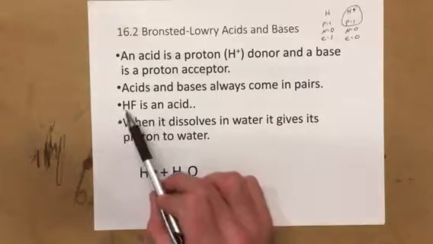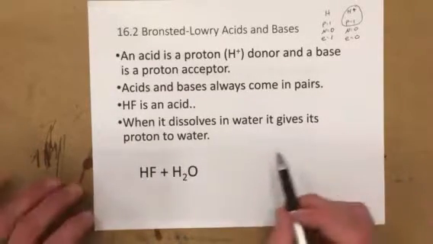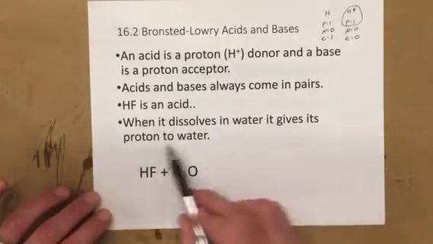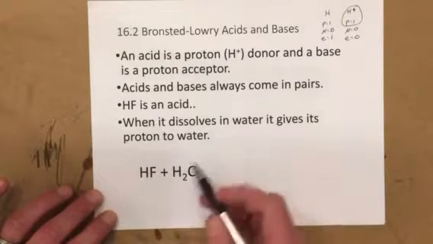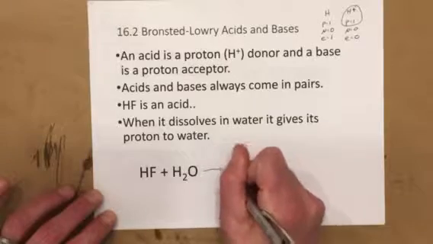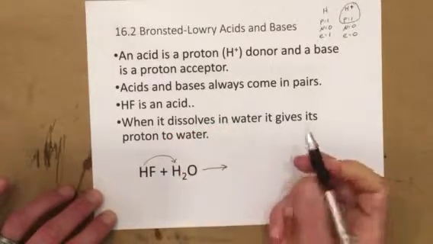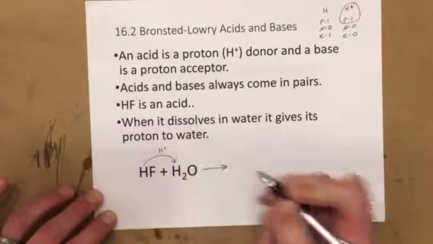One example is HF, hydrofluoric acid. It's an example of an acid. When it dissolves in water, it gives its proton to water. So what happens when HF reacts with water is that the proton will be transferred from HF over to the water. So we're transferring a proton.